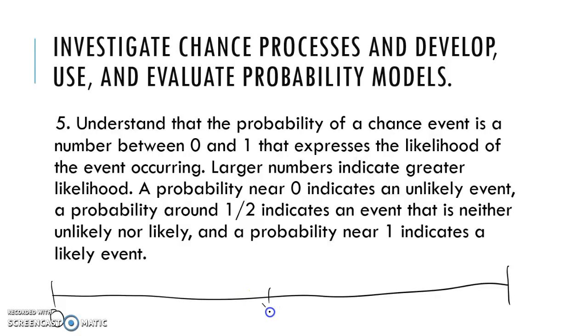And if it's 50-50, place it there in the middle. And if it's really certain to happen, like they will go home today or they will eat something today, then they can put that closer to the one, since it's very certain to occur, and then place things in between where their estimates might be. So that's kind of fun.